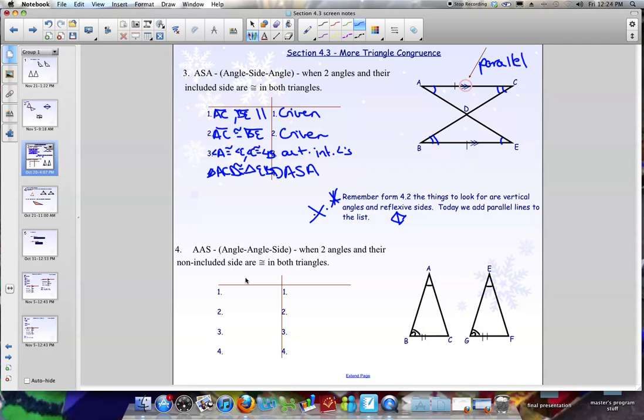So we write our congruent pieces. This one is mostly given to us. Angle A is congruent to angle E. That was given. Angle B is congruent to angle G. That was given. And the last piece that was given was BC is congruent to GF.